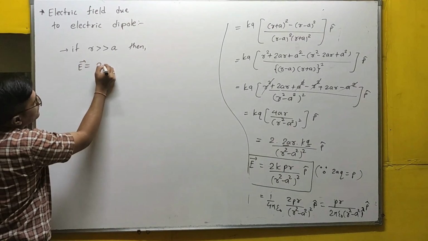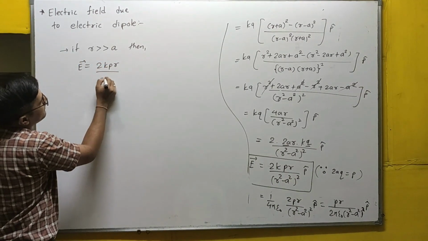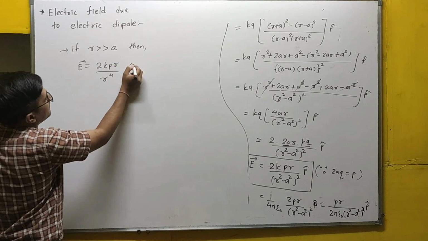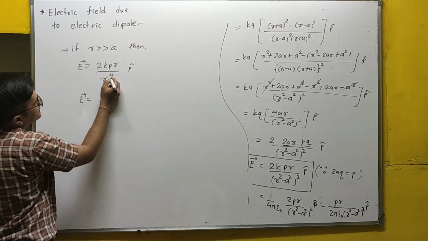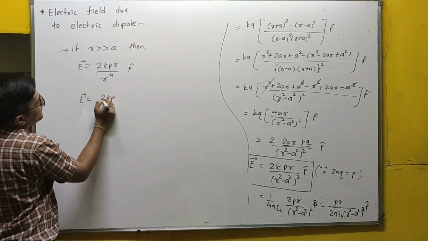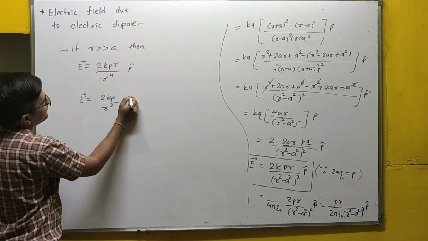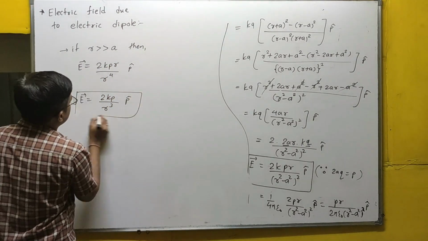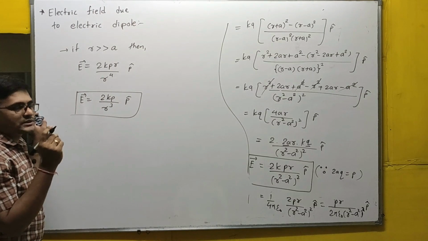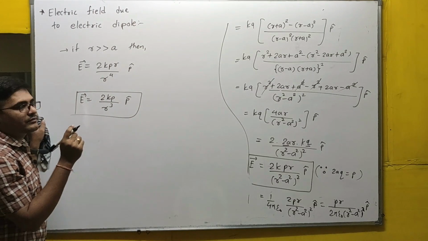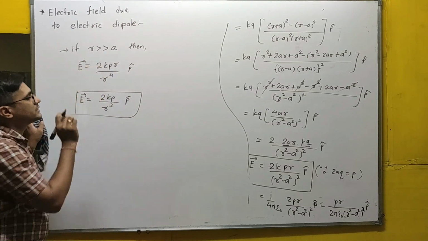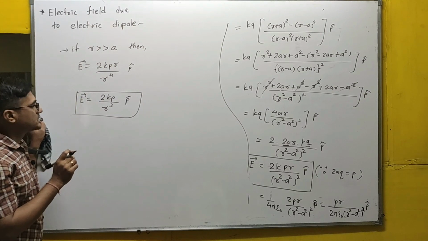So E is equal to 2KPR divided by R power 4 P cap. So R cancels, and this is 2kP divided by R cube P cap. So this is the formula when the distance of the point is very much larger than the distance between the two charges.